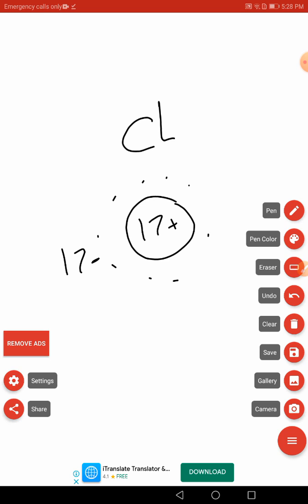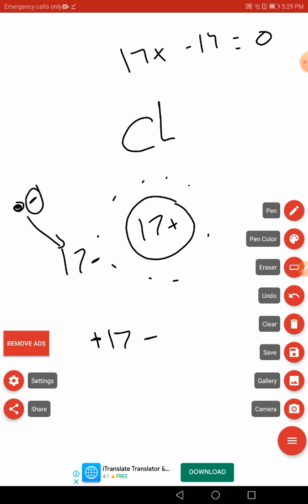Sometimes the chlorine gains another electron from outside. What happened? In the first case, it was 17 positive and 17 negative, so the overall will be 0, right? After gaining one electron, it becomes 17 positive but 18 negative. The result will be negative 1.